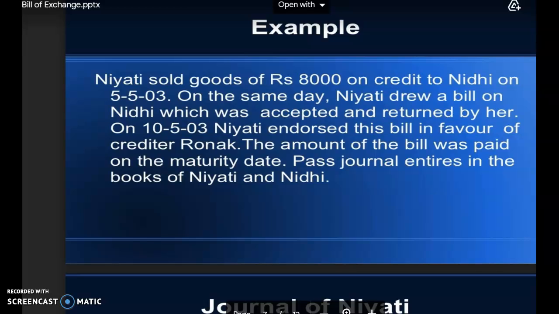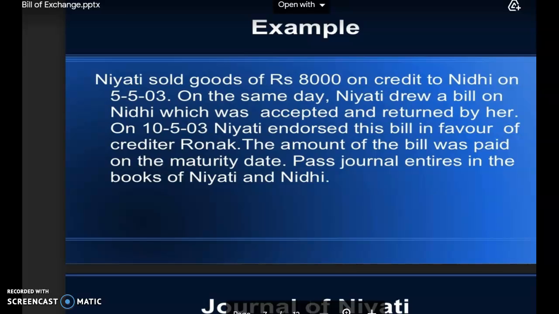First of all, we have to understand what the parties are. See, Neti sold goods of rupees 8,000 on credit to Nidhi on 5th May. So automatically it is clear here. When we move to the next line, on the same day Neti drew a bill on Nidhi. The person who has drawn the bill is known as the drawer.